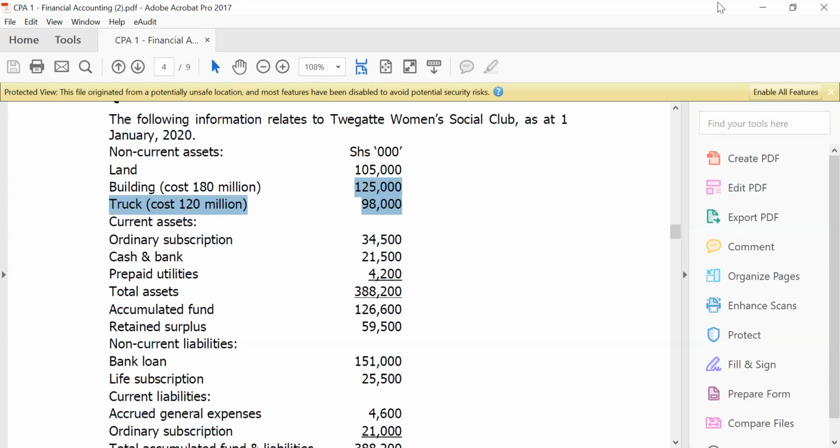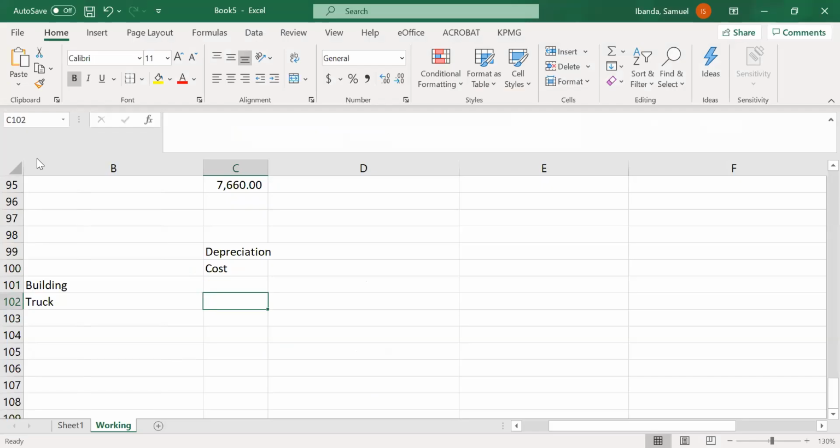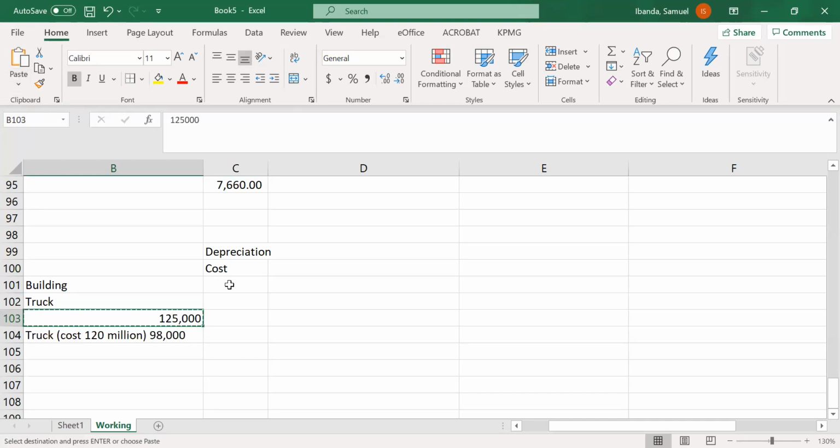125 and 98. So this is 125, this one is 98.